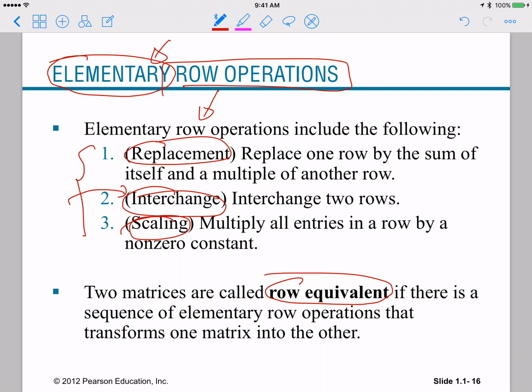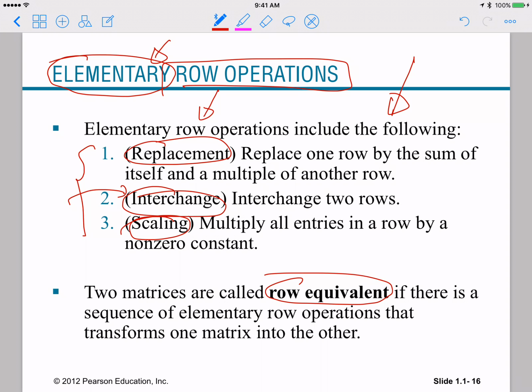But this row equivalence is actually the same as the equivalence between the two linear systems, because when thinking about the corresponding linear systems, they have the exact same solution set, right? And also, when thinking about this matrix version, we know that these three operations don't change or affect our solution set.